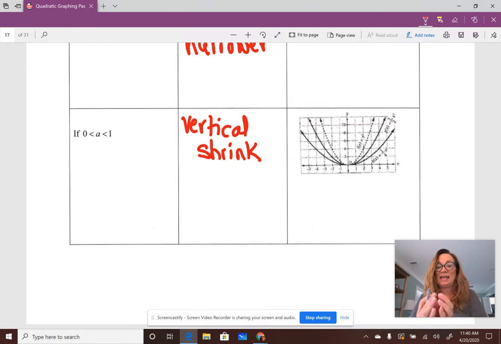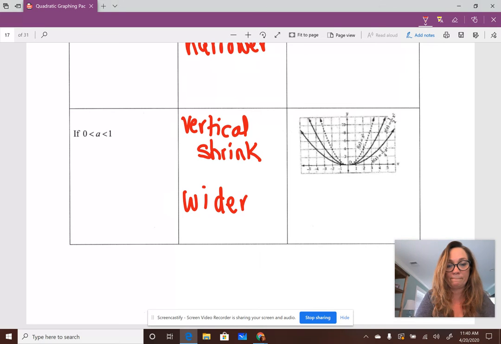Which means that it is going to go closer to the x-axis, so it gets wider. Okay, vertical shrink. It gets closer to the x-axis, further away from the y-axis, wider.